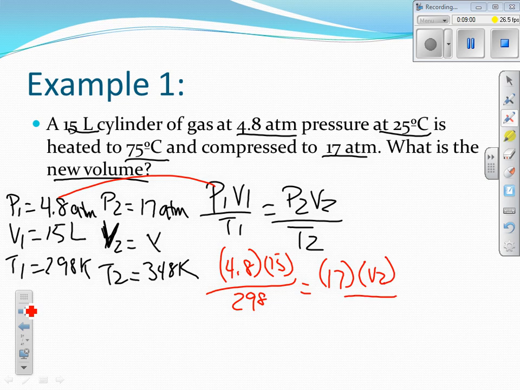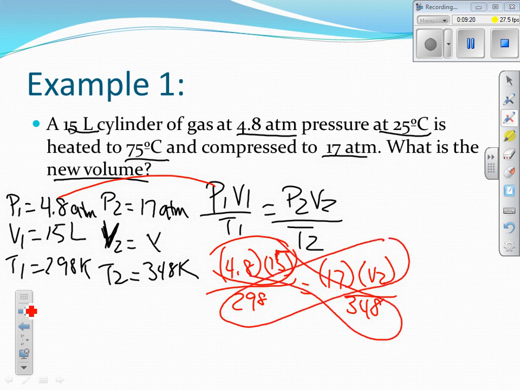It might be easier at this point to simplify. You might want to multiply these first. I just multiply everything into one big cross multiplication problem. So 4.8 times 15 times 348 equals 298 times 17 times V2.